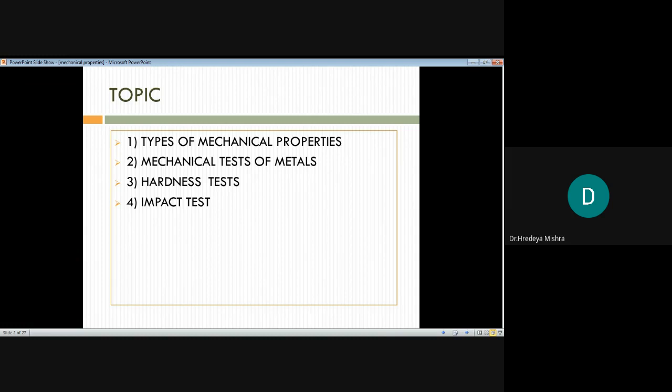Okay, this is the agenda for this topic. First, types of mechanical property. Today we are trying to finish the mechanical property. After that, mechanical tests of the metals.